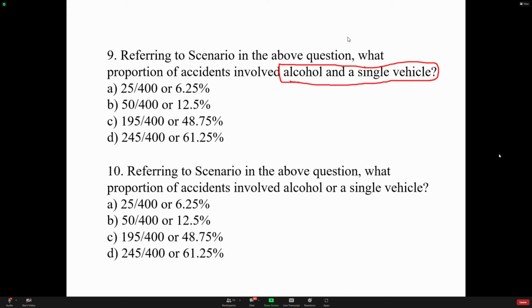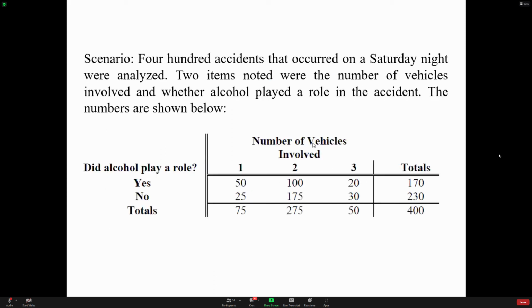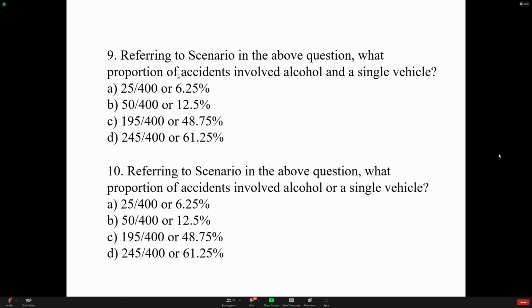If I go back to the previous slide, the alcohol and single accident slide, the proportion of accidents involved alcohol and a single vehicle. You can look at the data.